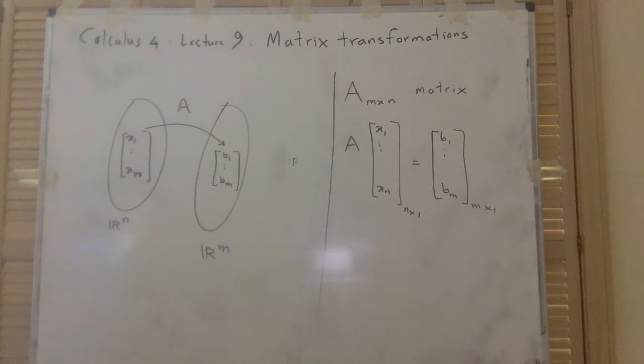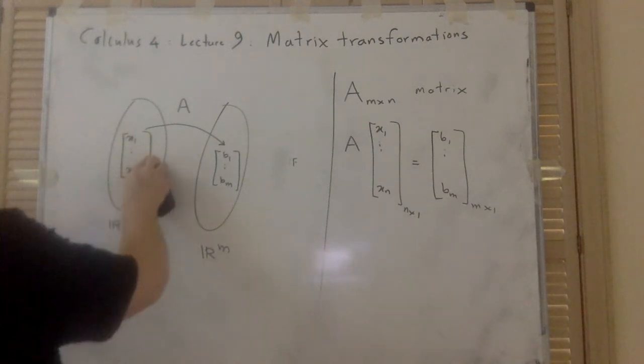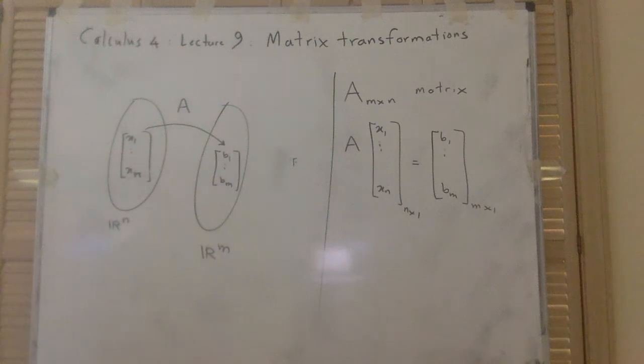And it is well defined. When you multiply A by a vector like this, you will get a unique answer.